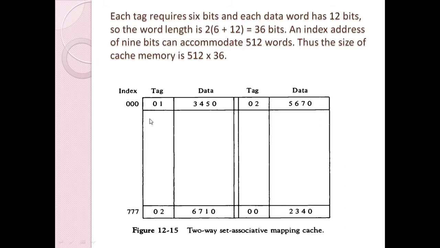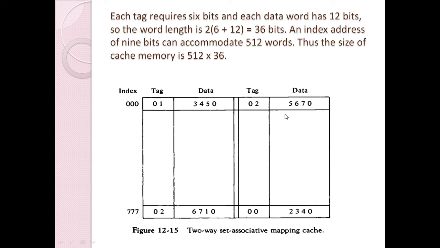See here that this is the index part and this is the tag part. This is data. So main memory address 01000, data is stored here. This is how we do it in direct mapping. But in set associative, there are two sets like this, so tag and data.